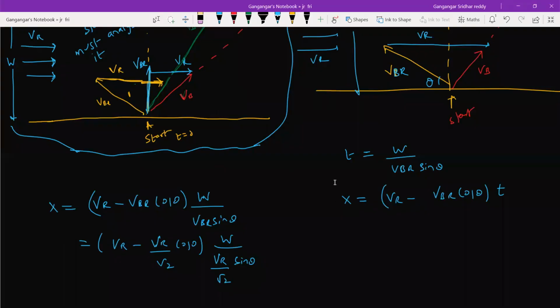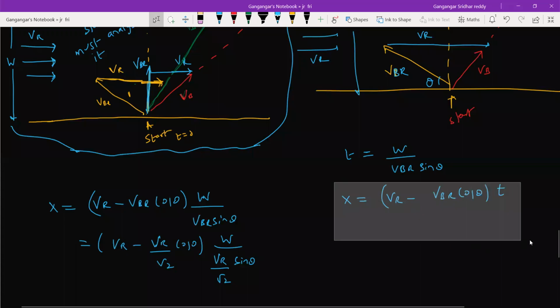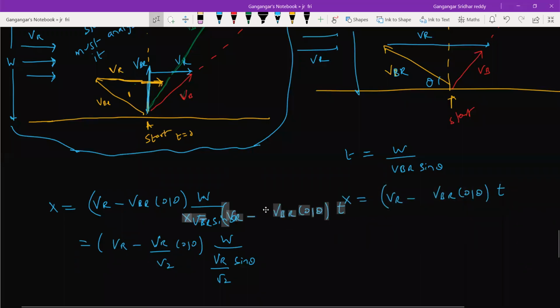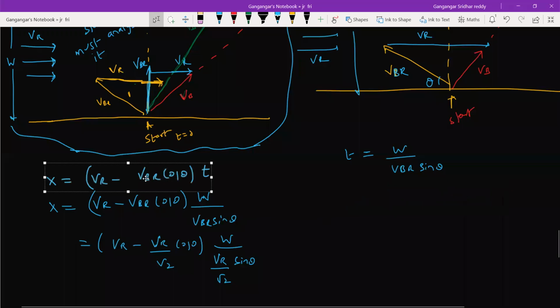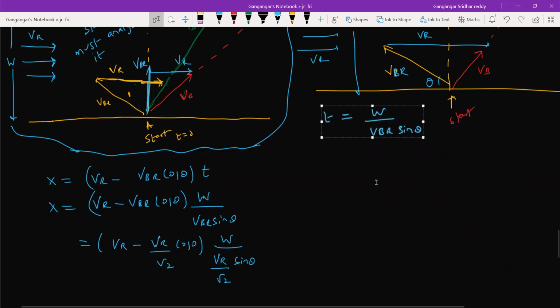Okay, solve it now. What to do? It says minimum, not something else. He didn't ask to calculate the value. Am I right? He didn't ask to calculate the value. What he has asked is how to minimize it. Yes, I'll take help of differentiation.